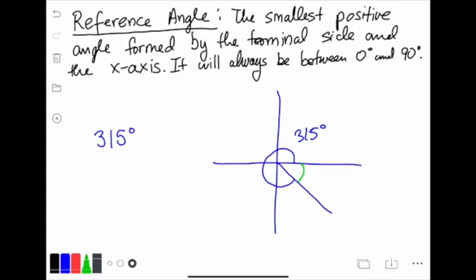And that's, again, very easy to calculate. All you need to do is 360 minus 315, which would be 45 degrees. Therefore, 45 degrees is the reference angle to 315 degrees.